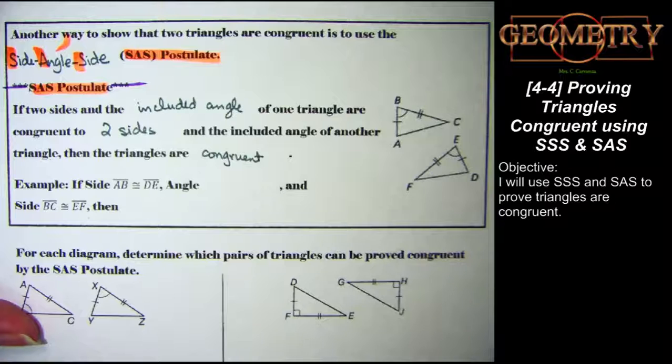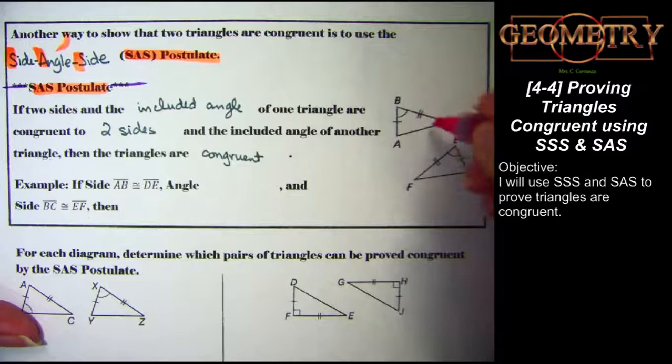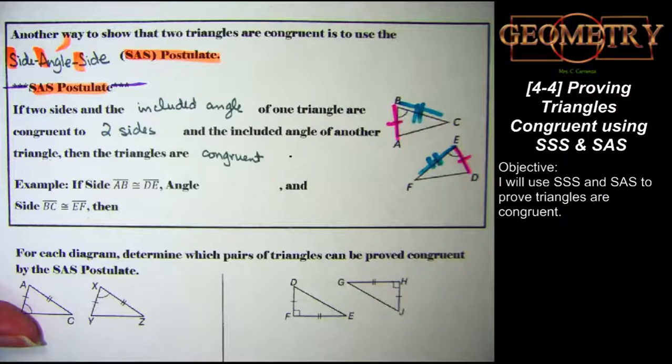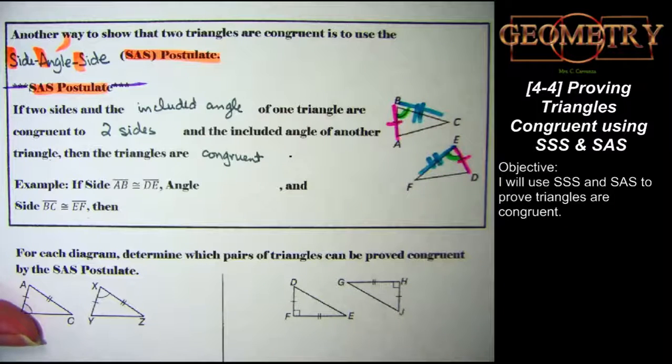Your diagram is going to end up looking something like this. I got two triangles. I got a pair of congruent sides, another pair of congruent sides, and the angles those sides are creating congruent to each other. I have the setup for side, angle, side.